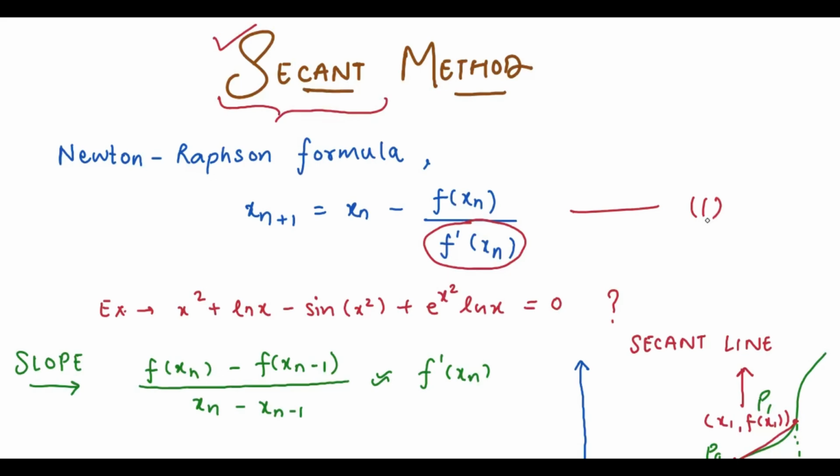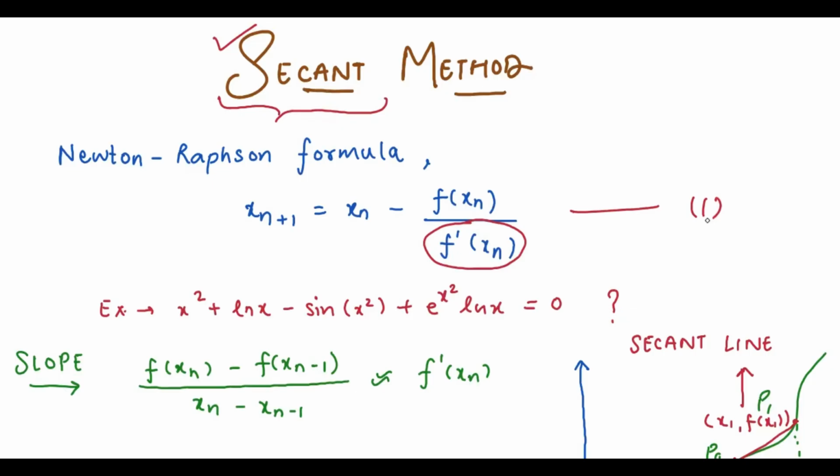Now the question arises: what is the only quantity that causes difficulty? Exactly, this f dash (xn). So instead of computing the derivative, replace it by the slope of the secant line.